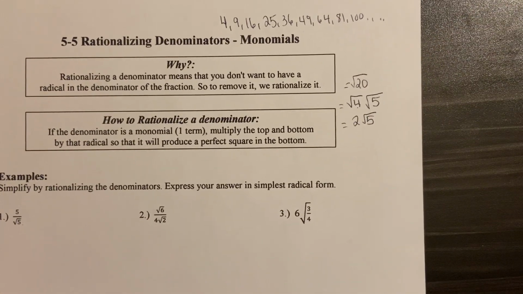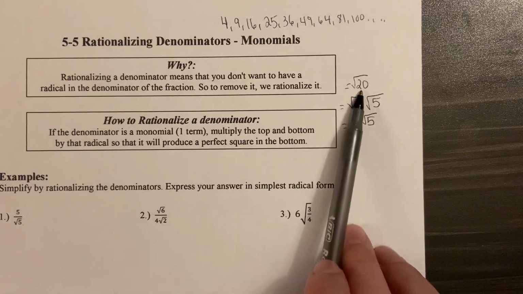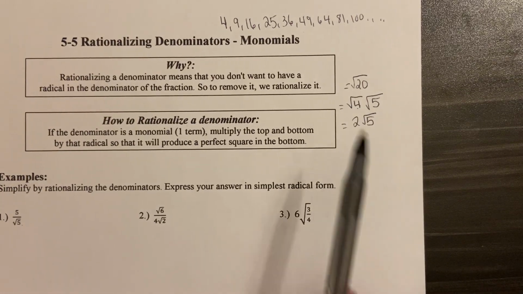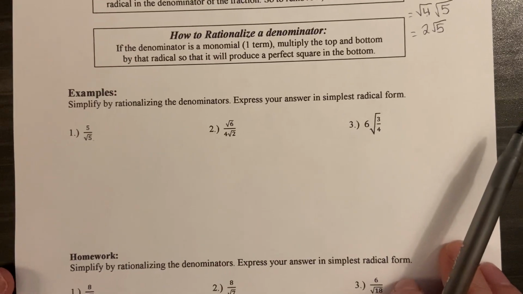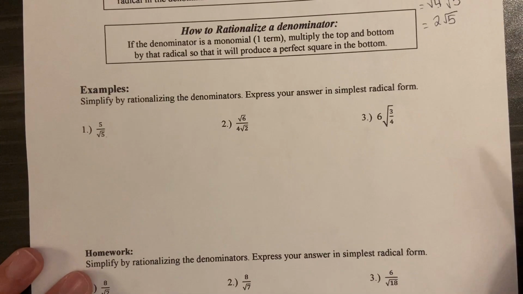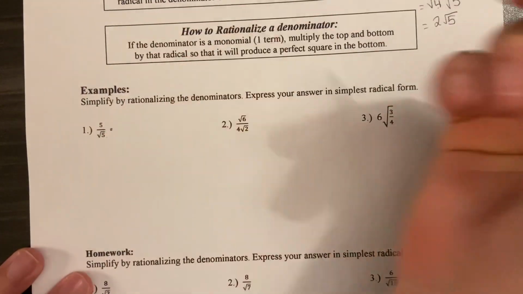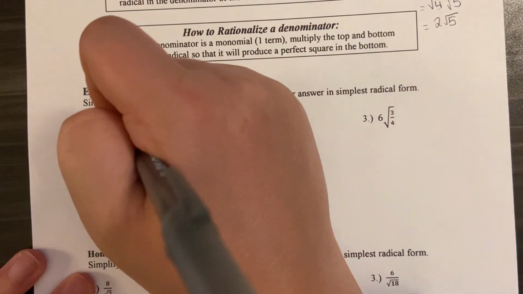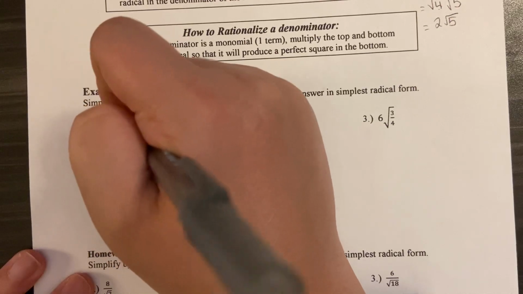So at the end, when you're doing all your simplifying, if you still have a radical that can be broken down like this, you still have to break it down. Okay, so for example number 1, you're going to multiply the top and bottom by radical 5 over radical 5.